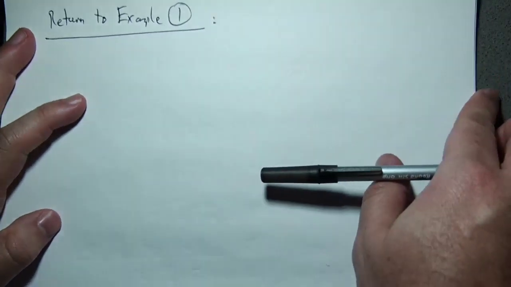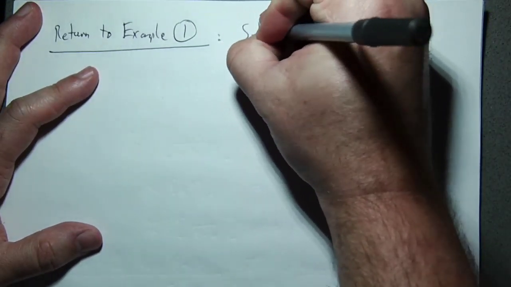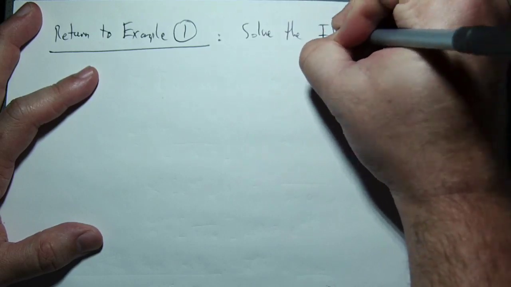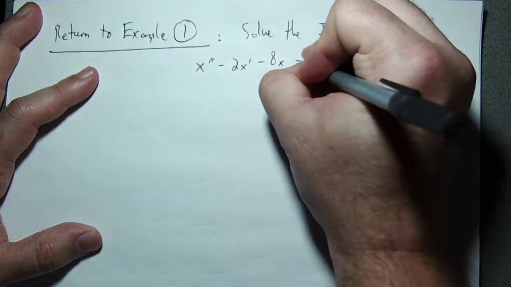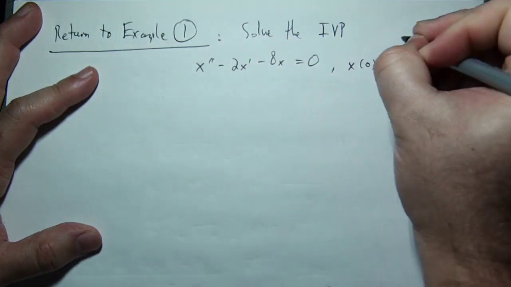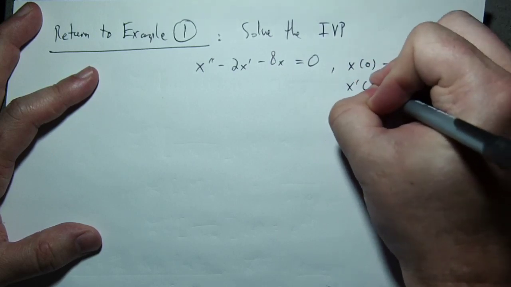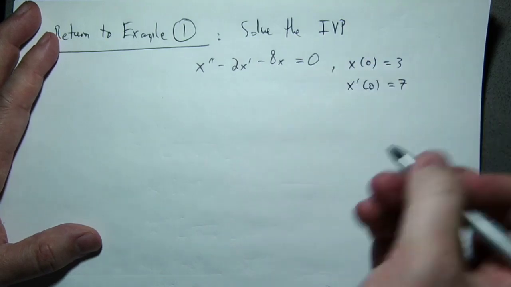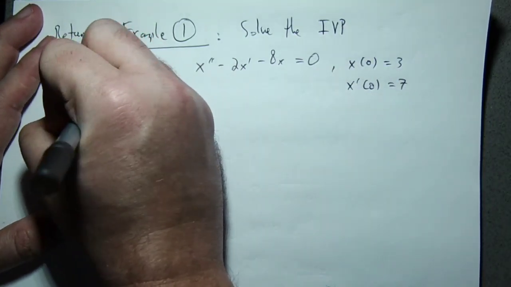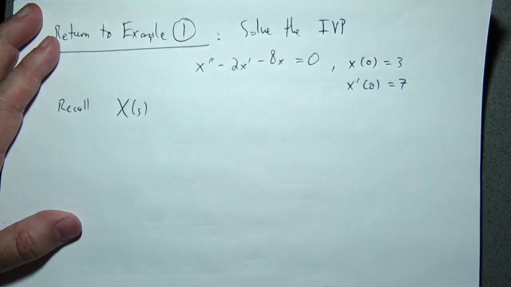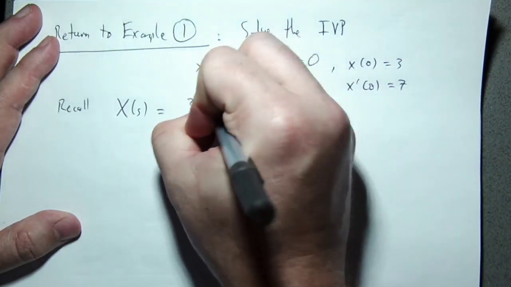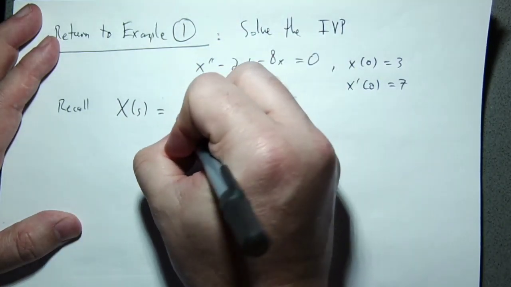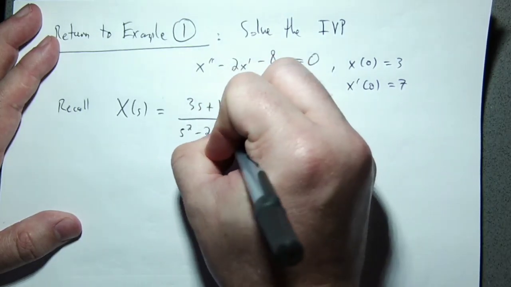So returning to example 1, what I'm asking is to solve the IVP. I'll rewrite it: x double prime minus 2x prime minus 8x is equal to 0, with x of 0 equal to 3 and x prime of 0 equal to 7. Recall that the Laplace transform of my unknown function that I'm trying to solve for was 3s plus 1 over s squared minus 2s minus 8.